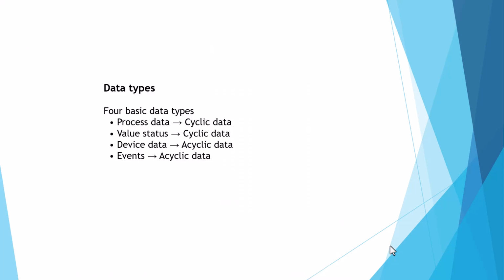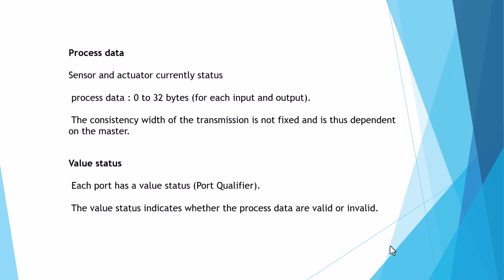The IO-Link data has 4 basic data types. The cyclic data is called process data or value status, and it includes device data and events. Process data is the sensor and actuator current status. Process data is from 0 to 32 bytes.